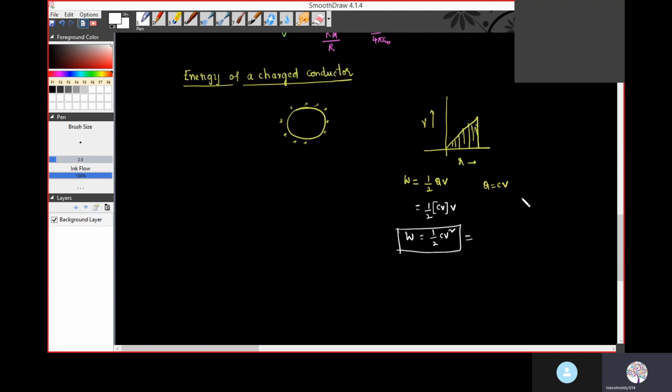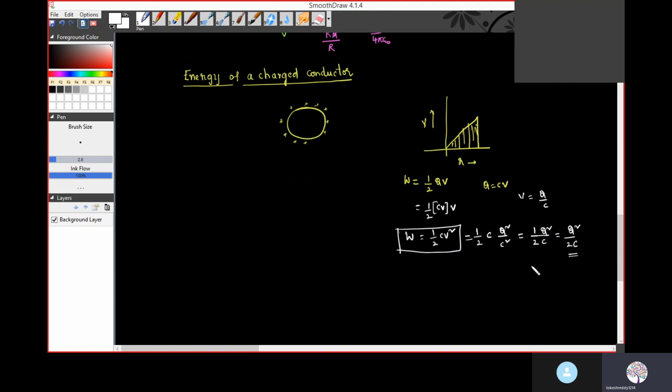Again, you can write V is equal to Q by C, so half into C into Q square by C square is half Q square by C, or simply Q square by 2C is the energy of a charged conductor. The work which you do is stored in the form of energy. That energy is Q square by 2C, the potential energy.